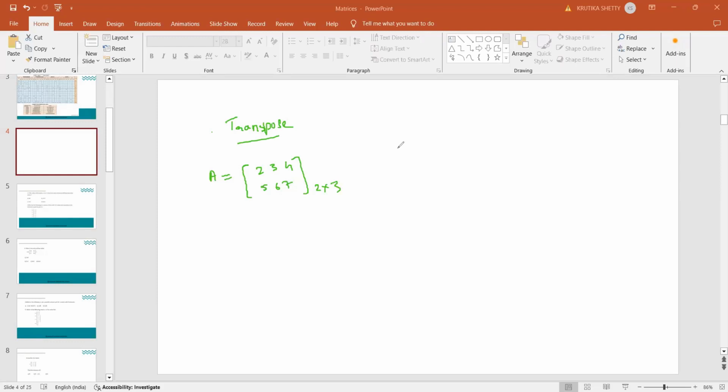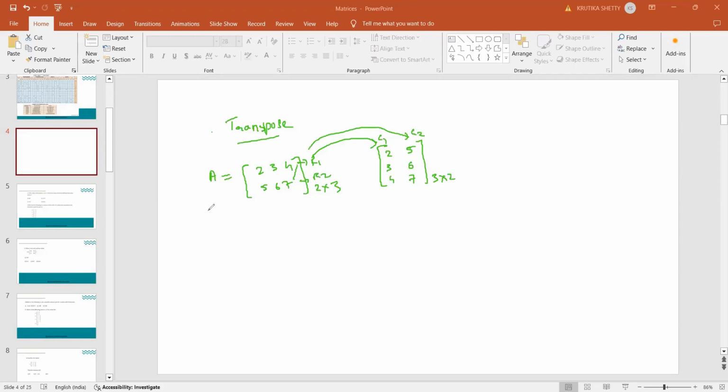Here if we interchange the rows into columns, this is the first row, R1, we write it as 2 3 4 as a column, and then again we write this as 5, 6, 7. Now the order will be 3 cross 2. What we have done is interchanged the rows into columns. The first row is converted into the first column, and the second row is converted into the second column.